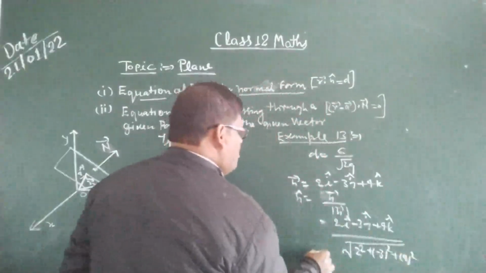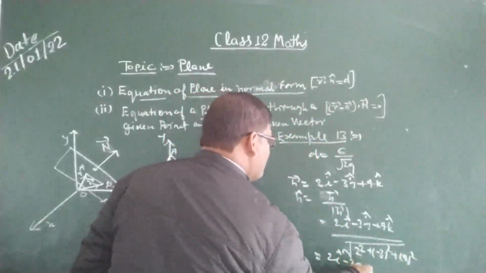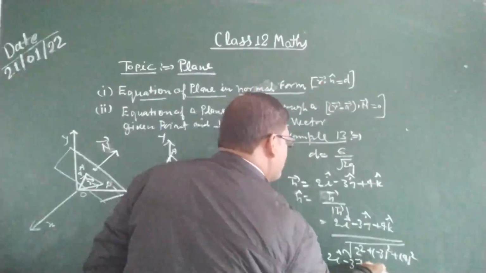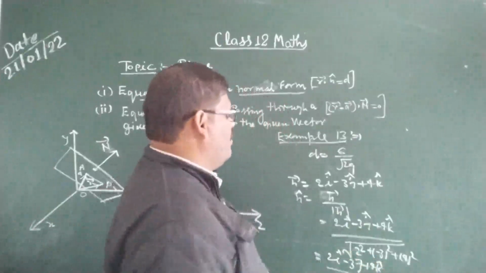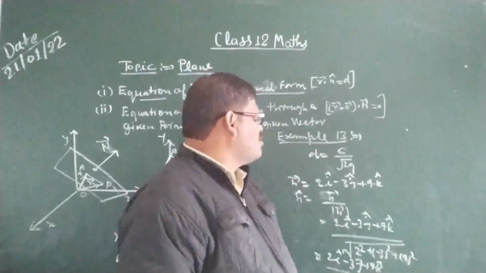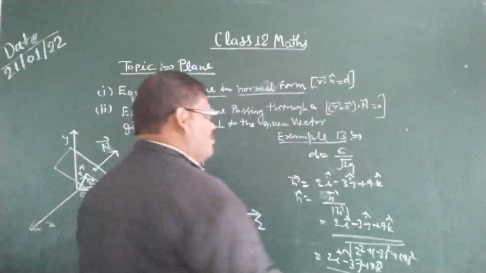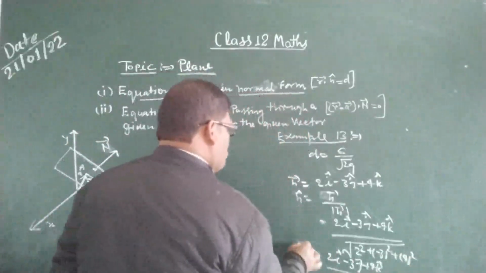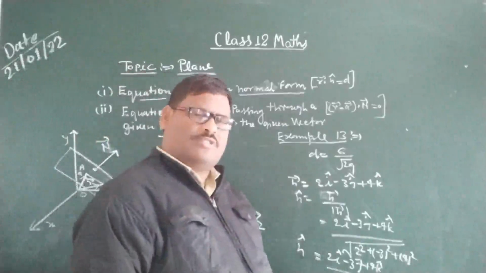Take the root, so n cap is equal to 2i cap minus 3j cap plus 4k cap by under root, 4 plus 9 is 13 and 16, that is 29, under root 29. That is the vector n cap, obtained by this.